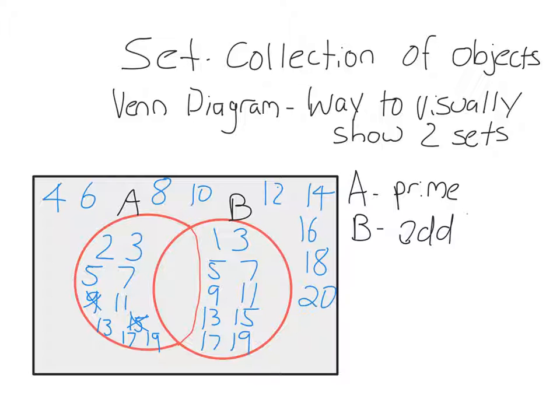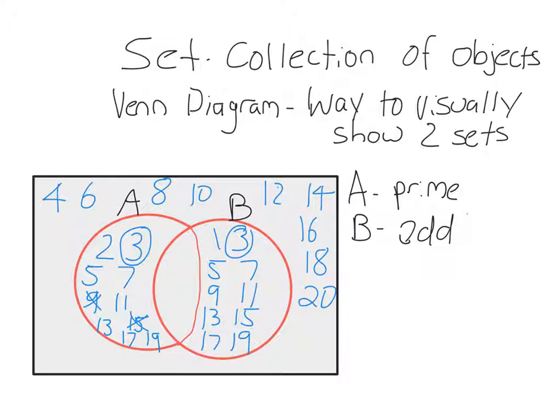Now, what you probably notice is that this visualization is a little tricky, and it's sort of redundant because I've written some numbers in more than one spot. You can see, for example, the number 3 is in both A and B. So why would I write it twice?